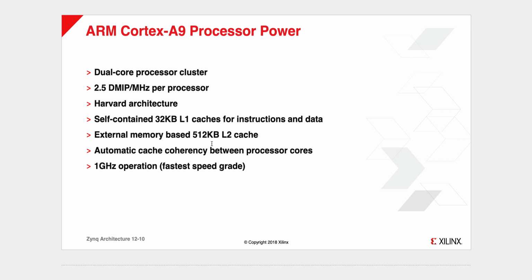So we have an automatic cache coherence between the processor cores. This is really important. What is automatic cache coherence? The ARM Cortex A9 supports automatic cache coherence.